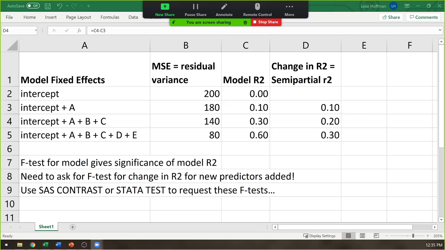So it is technically possible to add two new slopes to a model and see that neither slope is individually significant, because that's their unique contribution, yet as a set they nevertheless increase the R square because of what they have in common.